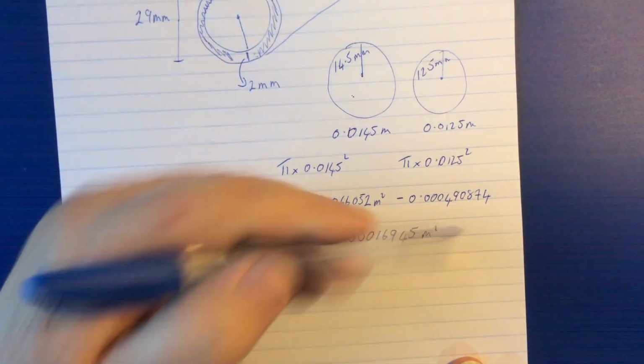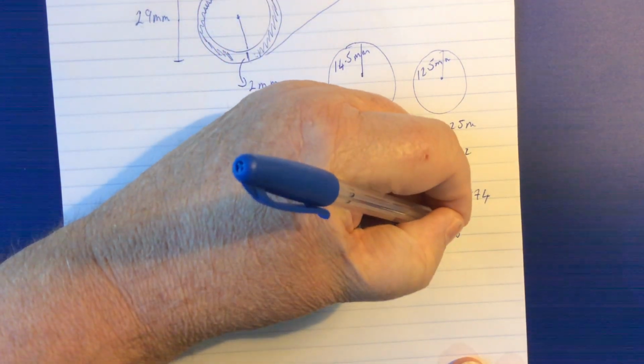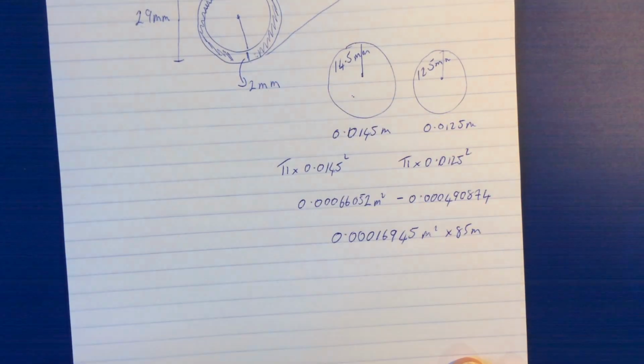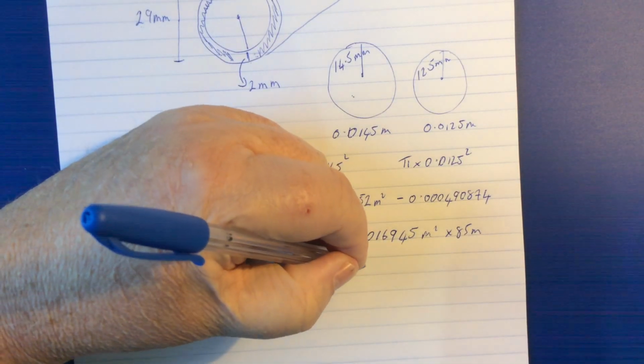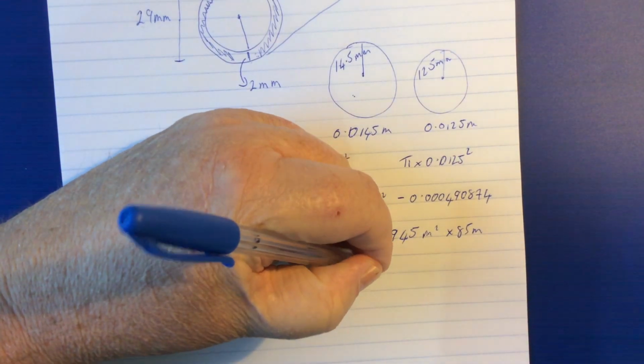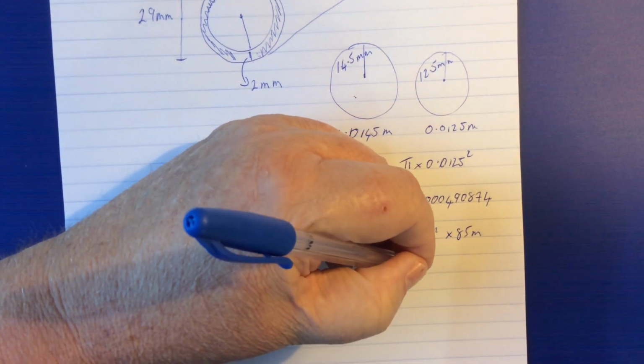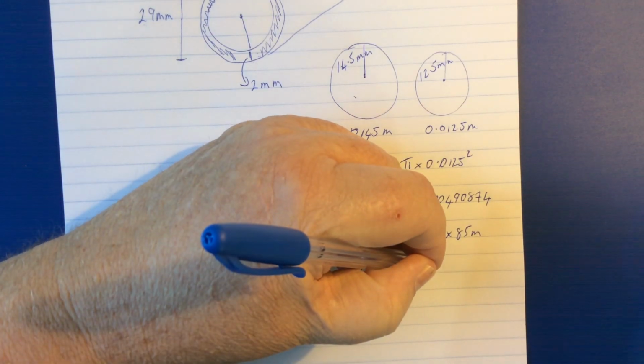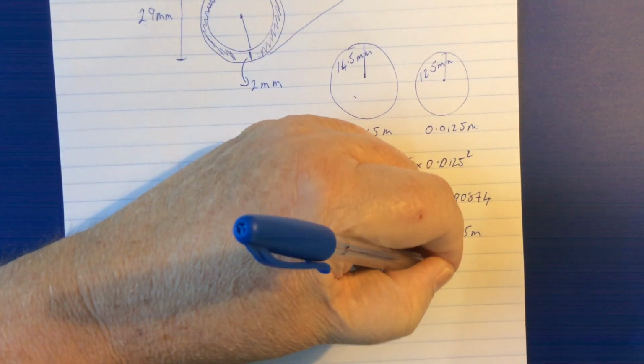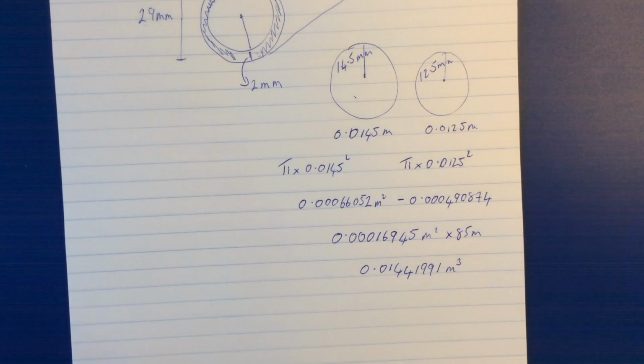We're now going to multiply that by 85 meters, and we're going to get our answer. And the answer is 0.00144191 cubic meters.